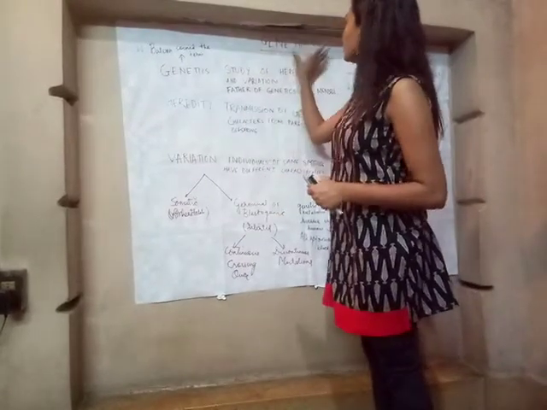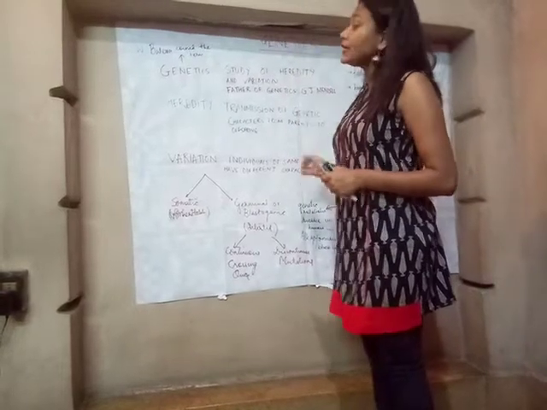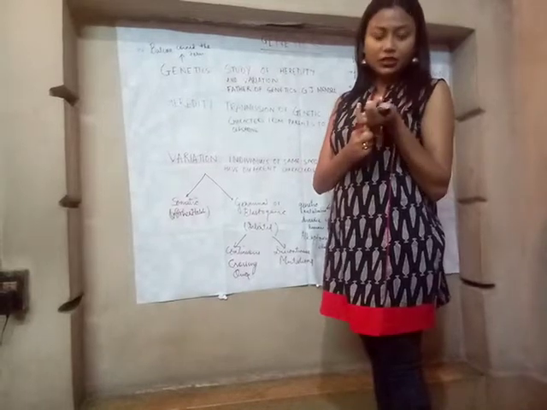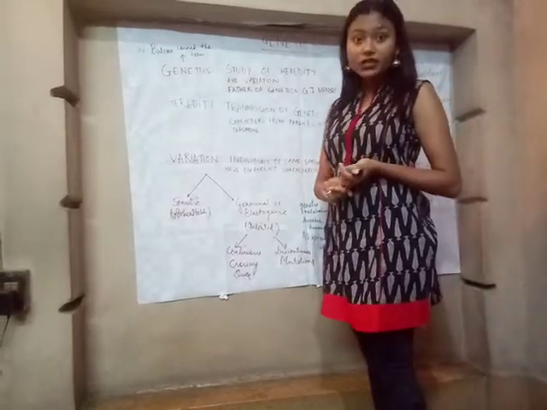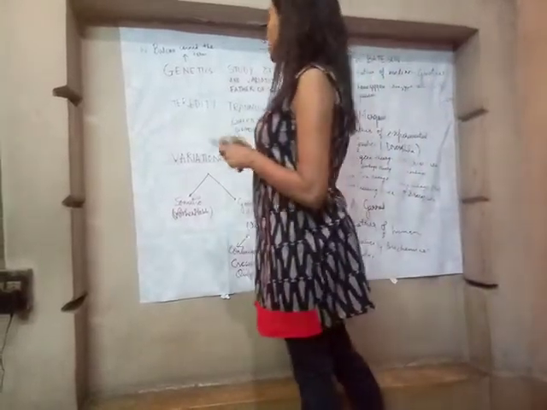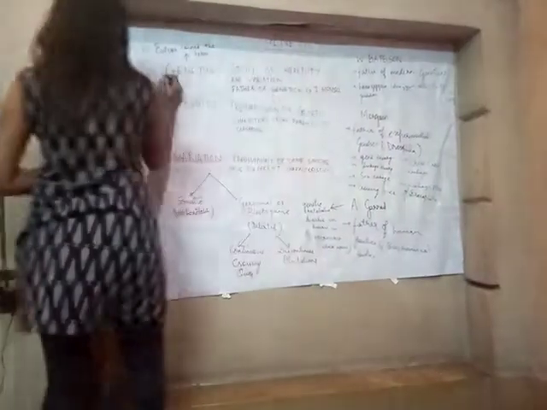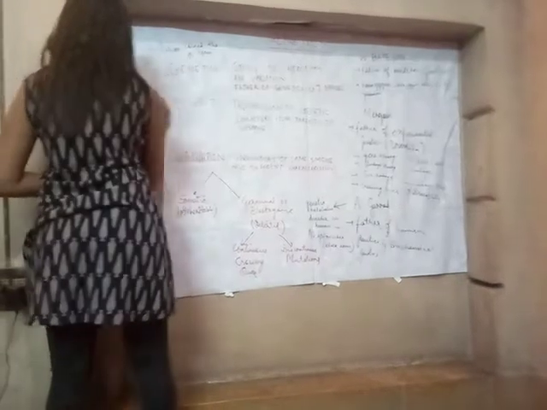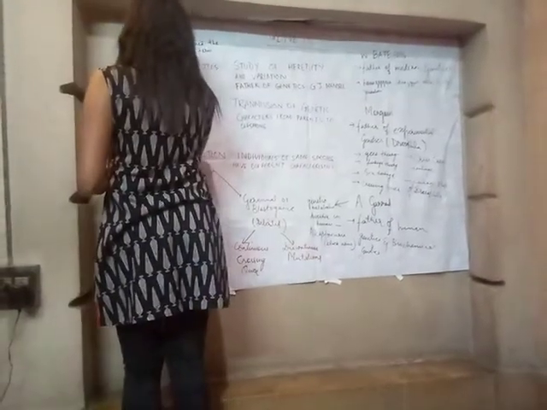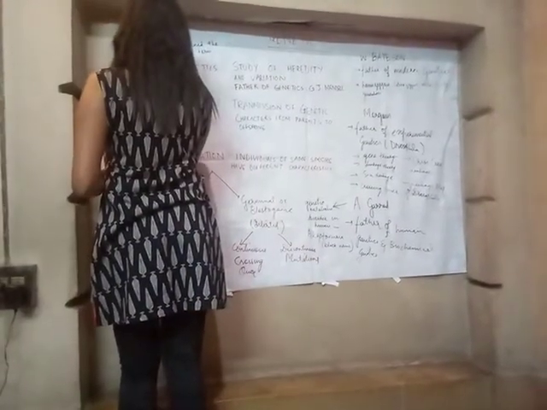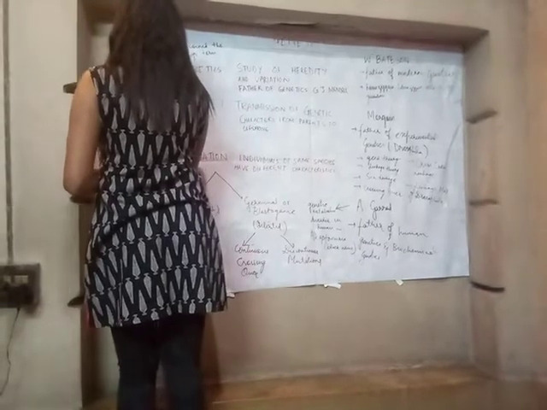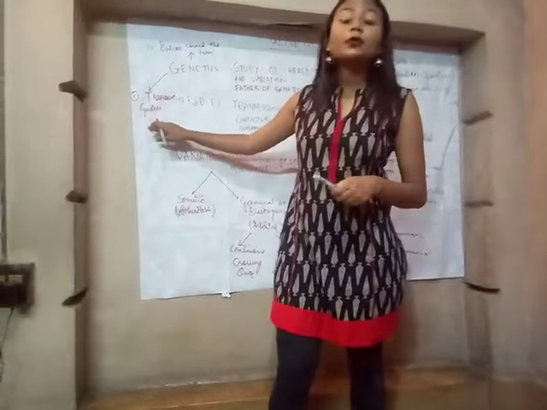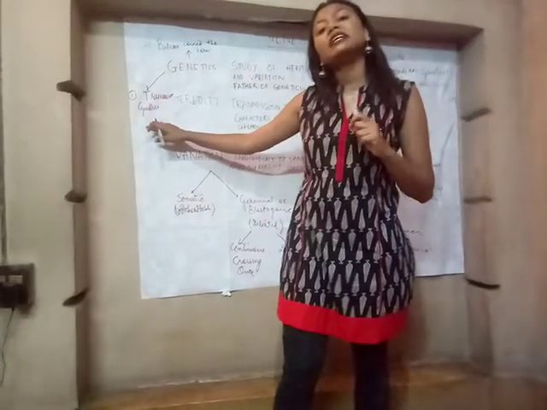So, now genetics. Genetics can also be divided into three parts: transmission genetics, molecular genetics, and population genetics. The first one is transmission genetics. Transmission genetics can also be known as classical genetics or Mendelian genetics.